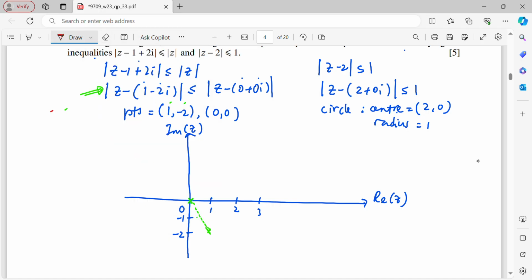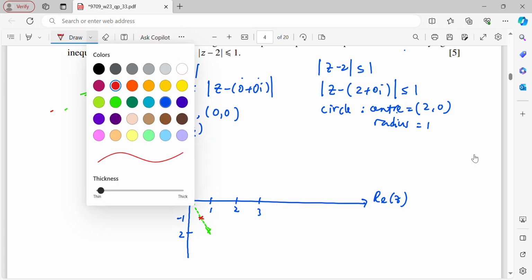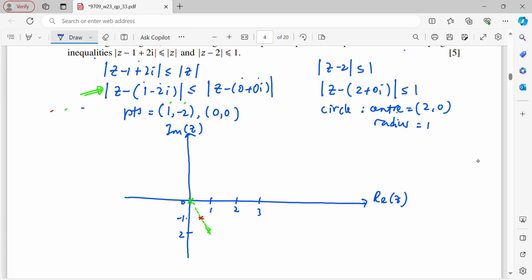So let's say the midpoint is somewhere here. Right? So now you just join. Okay, join the 2 points.